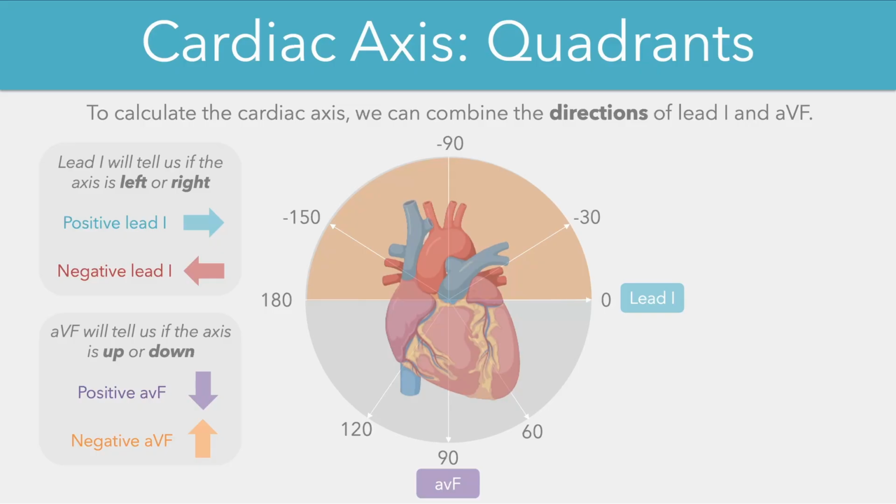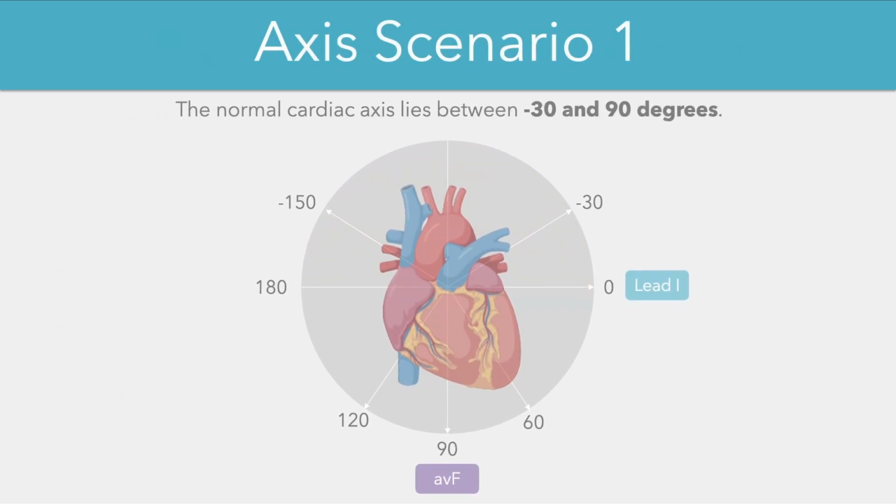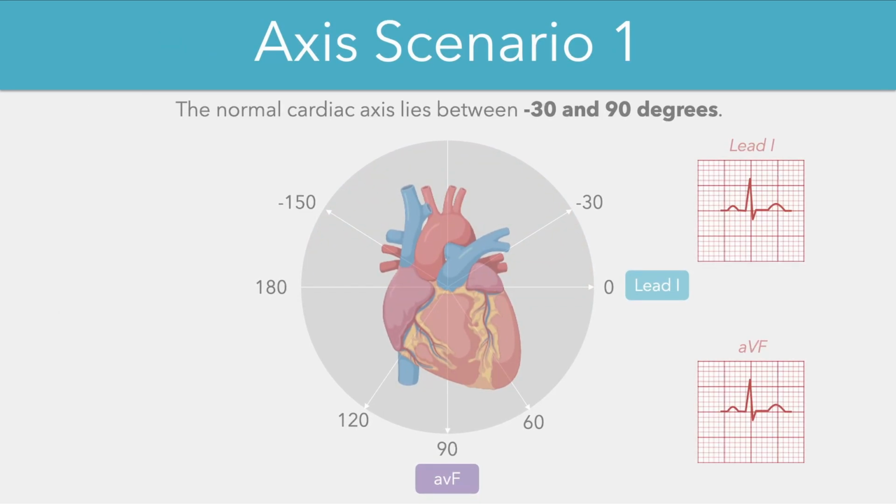To understand how this works, let's take a look at an example scenario where we have the following ECG traces. In this instance, you can see that lead 1 is positive, which means that the impulse is traveling towards lead 1 and thereby occupying the left-hand region of the heart. At the same time, we can also see that lead aVF is positive.